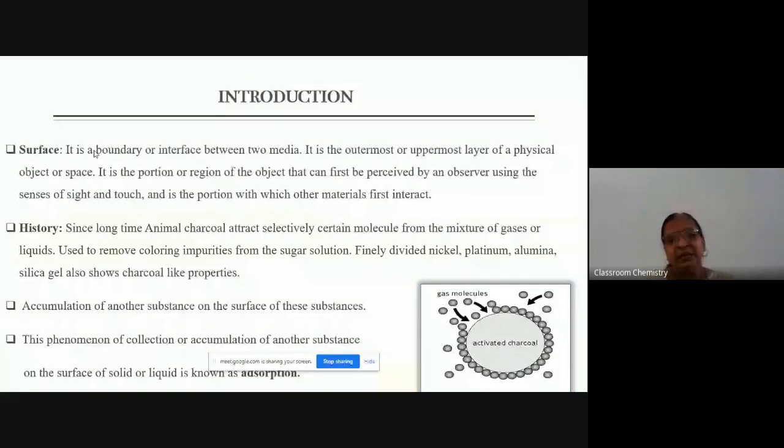That is, in the sugar solution before the crystallization, this animal charcoal removes the colored impurities from the sugar solution.